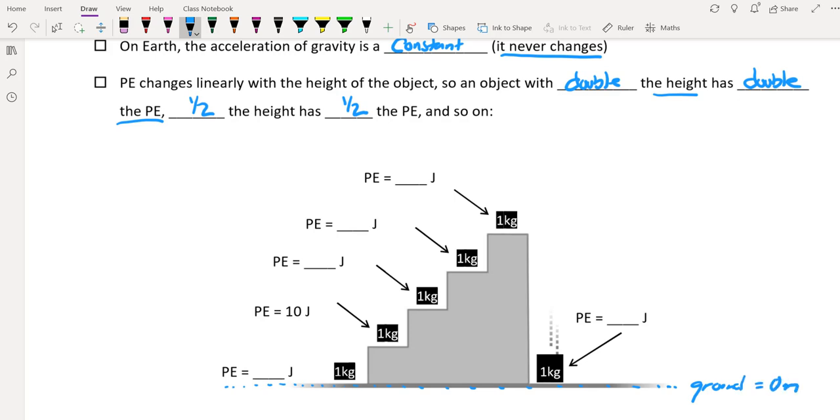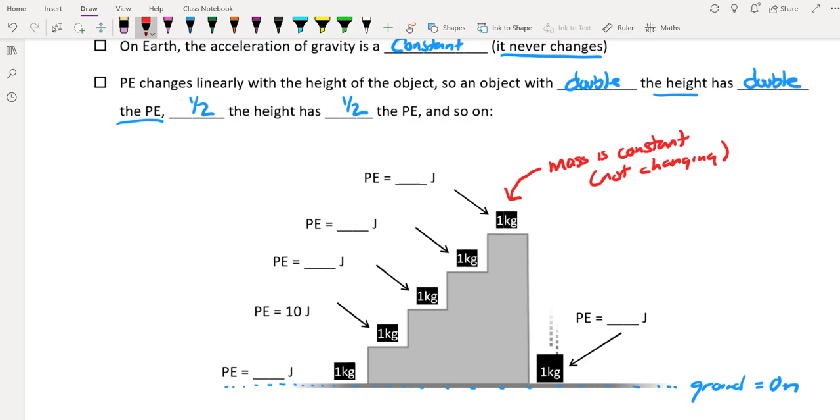And we have a box at various points along the staircase. You should notice that the box has the same mass. So the mass is constant, meaning not changing.